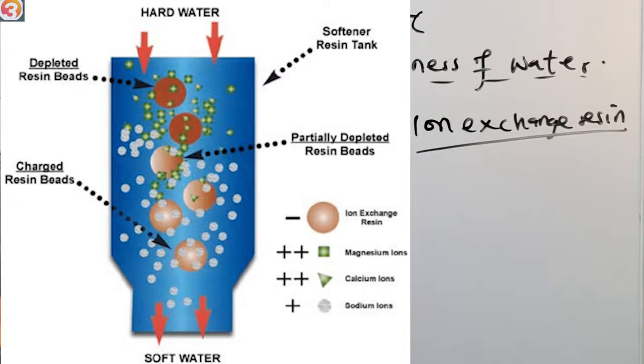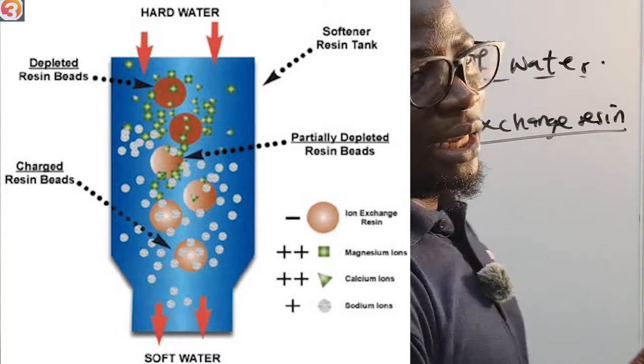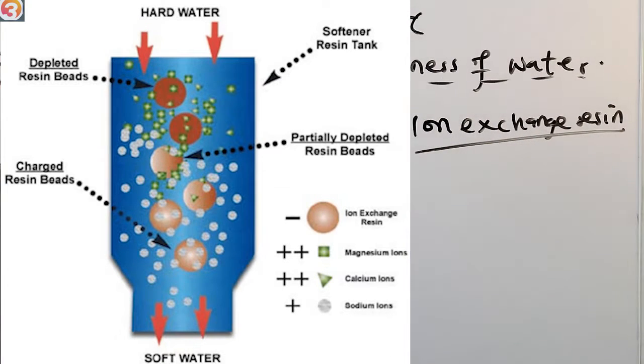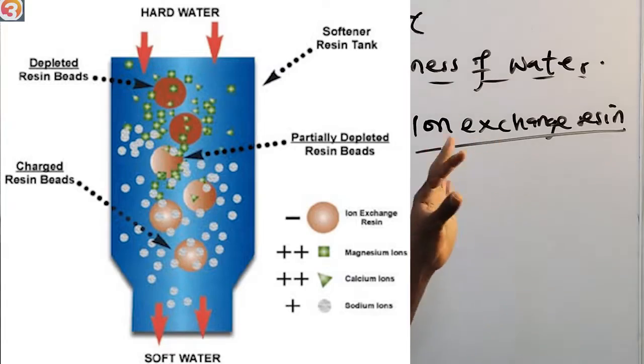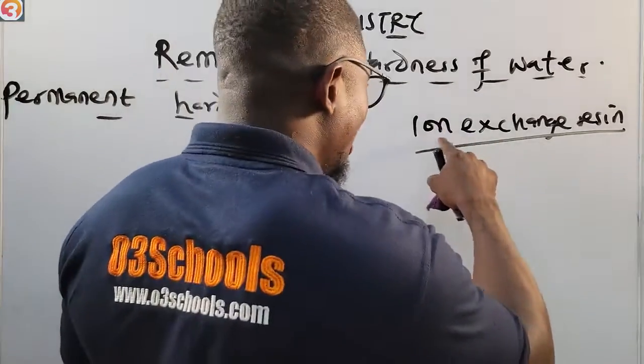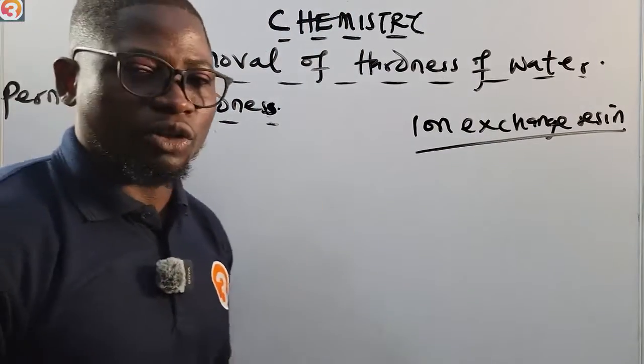Hard water is put into the resin, and as it is put in, the ions are exchanged, or displacement happens. The product is usually soft water, not water that is hard again. That is what an ion exchange resin does: exchange of ions, displacement of ions.